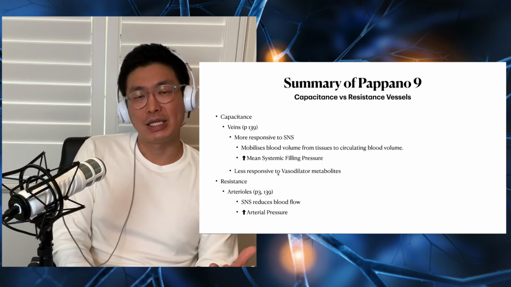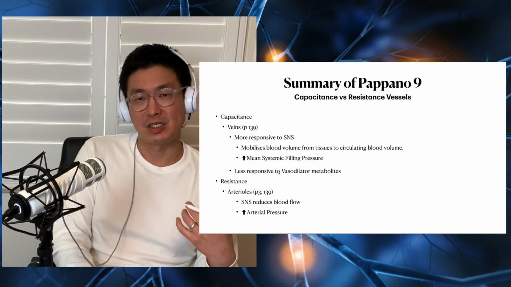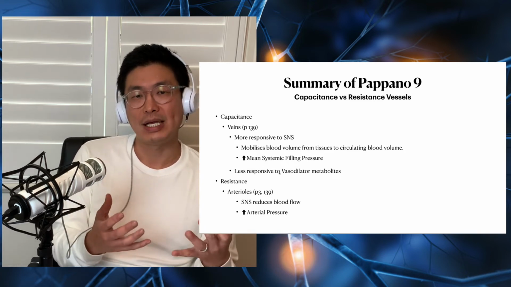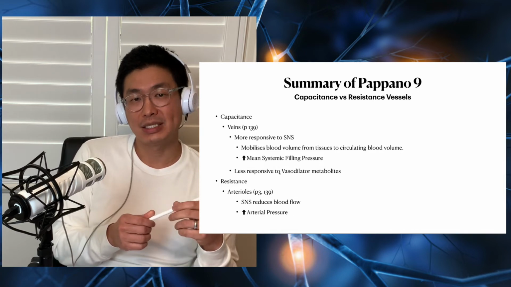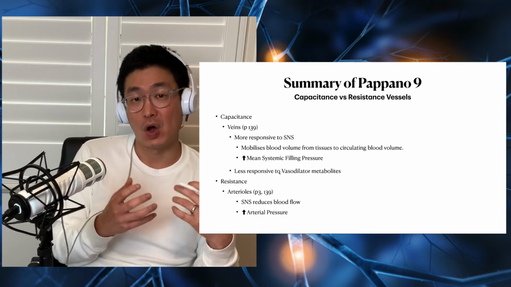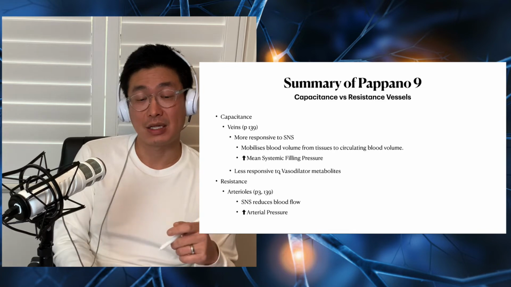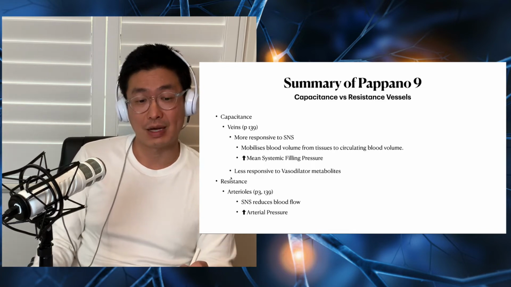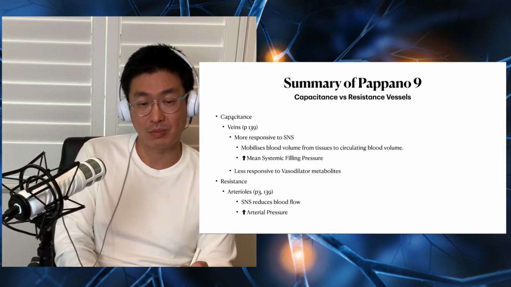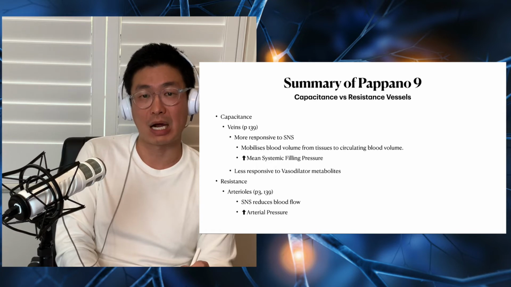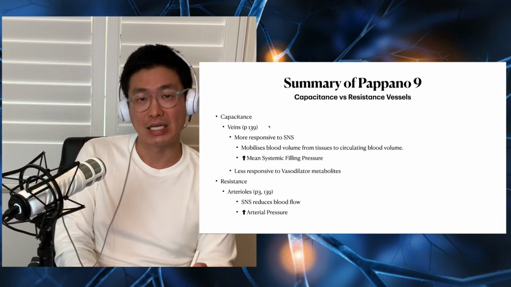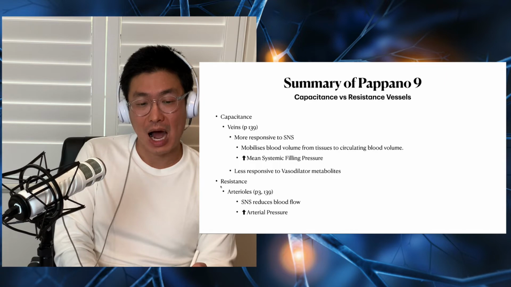Pappano goes on to talk about the idea of capacitance versus resistance vessels. And what are these exactly? So capacitance vessels are often the veins, and I've just left the page there to let you know where it's from. So that's on page 139, where he describes capacitance vessels as veins and arterioles as resistance vessels.